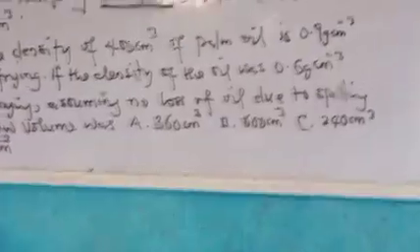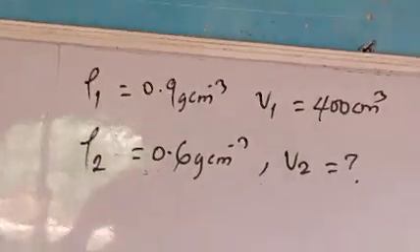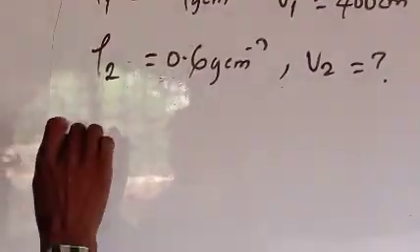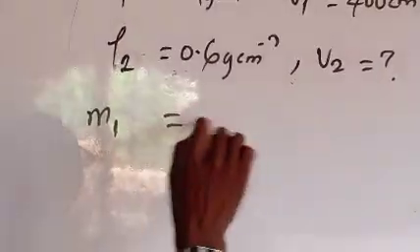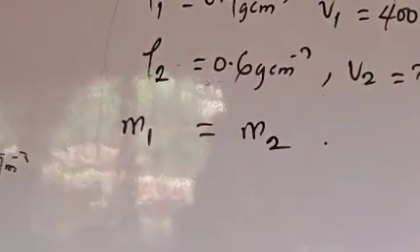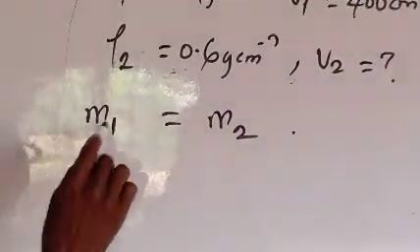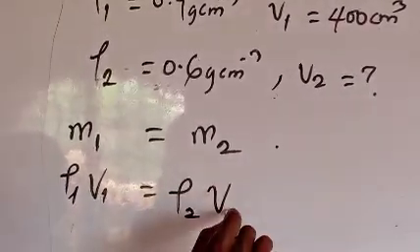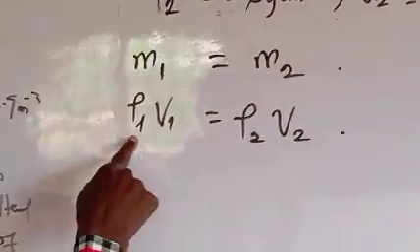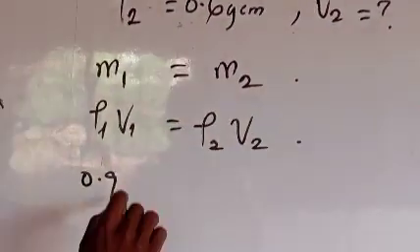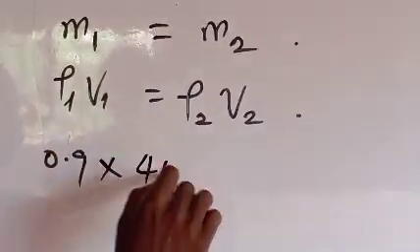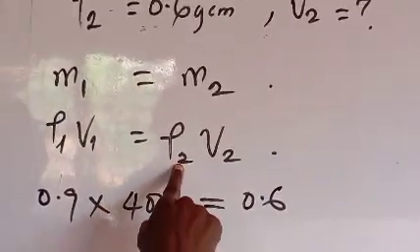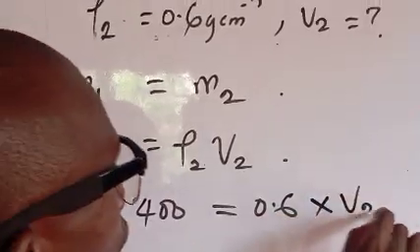So now, all we're going to look at is that before frying and after frying are equal. The mass before frying is M1. Mass after frying is the same thing. Mass remains constant. So in other words, initial density times initial volume equals final density times final volume. So initial density is 0.9 before frying. Volume is 400. This one is 0.6, which is the final density, times V2.